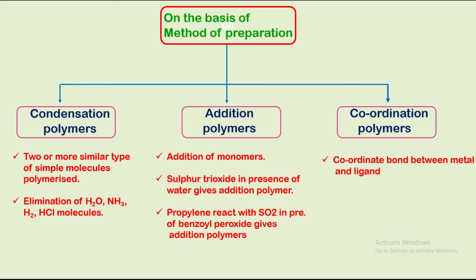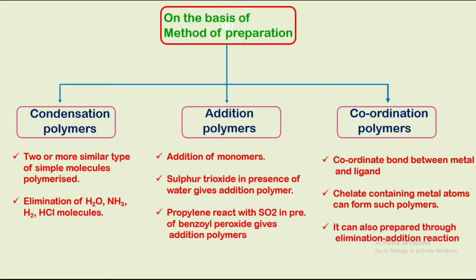A coordinate bond between a metal and a ligand generates a coordination polymer. Second, chelates containing metal atoms can also form such polymers. They can also be prepared through elimination and addition reactions. This is the classification of polymers based on the method of preparation.